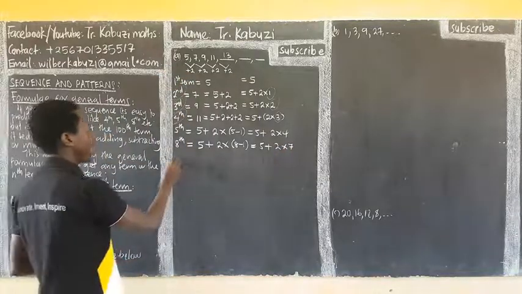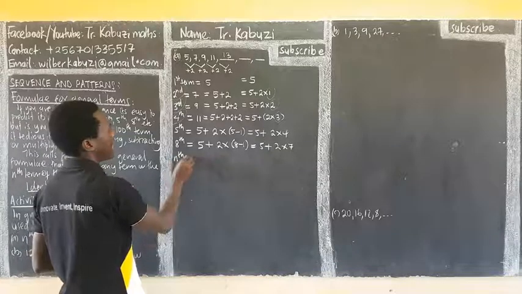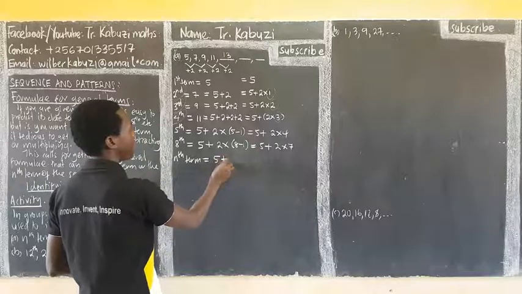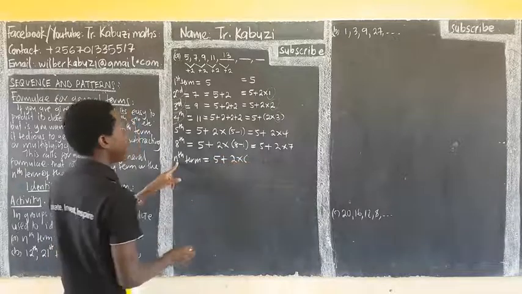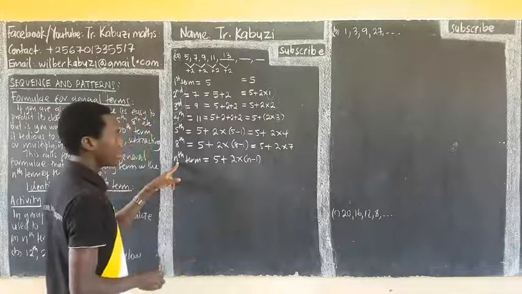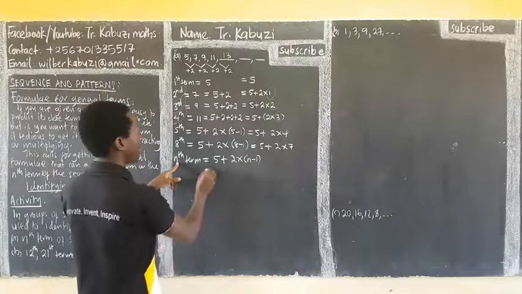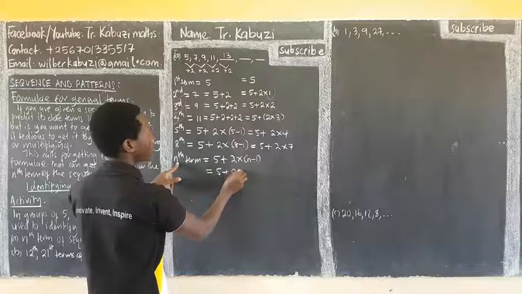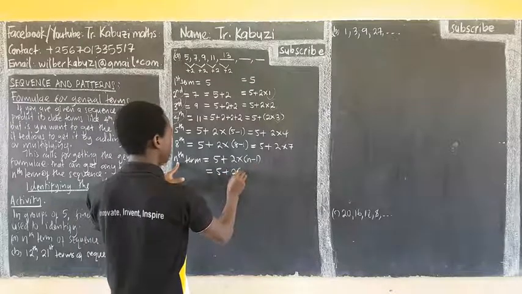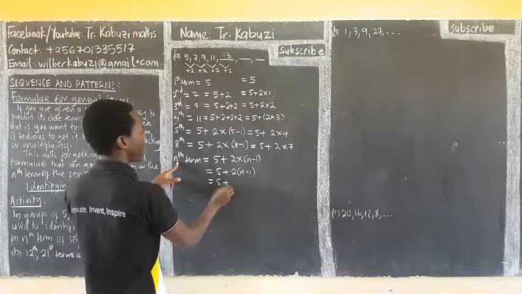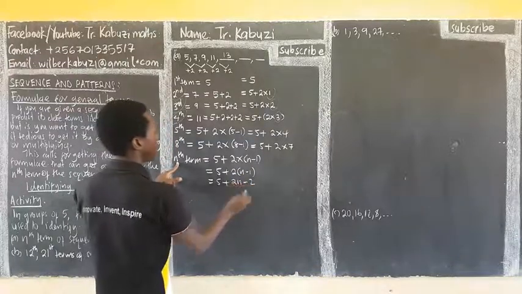So now, can we get the nth term? For the nth term, still we shall get 5, then plus 2 times the term itself, which is n, then minus 1. So when we simplify, this will be 5 plus 2 into n minus 1, which is 5 plus 2n minus 2.